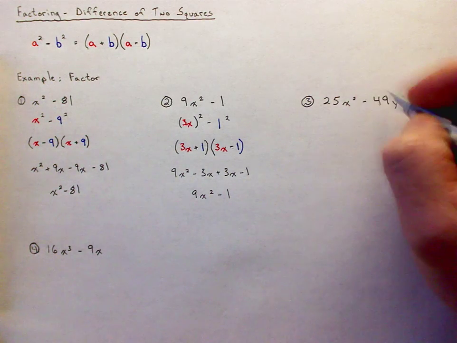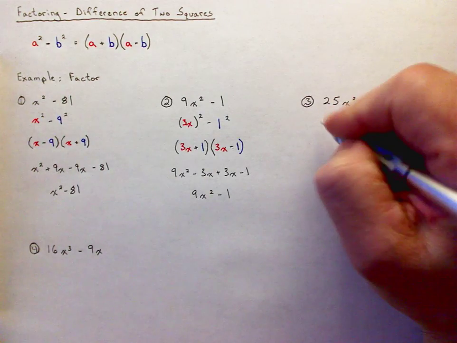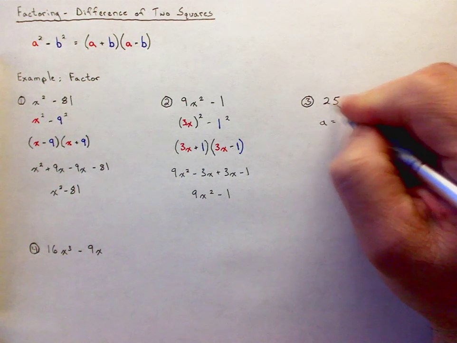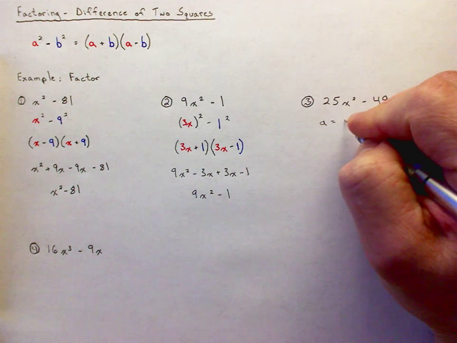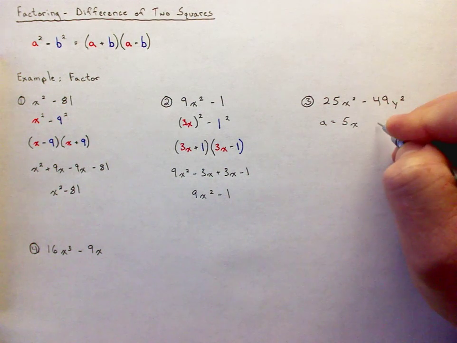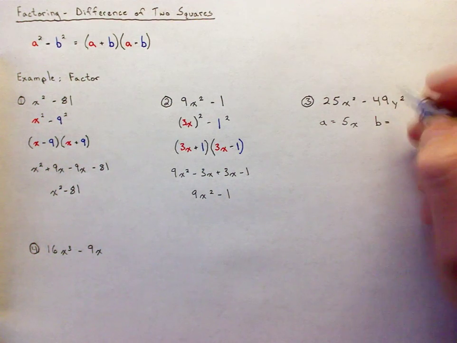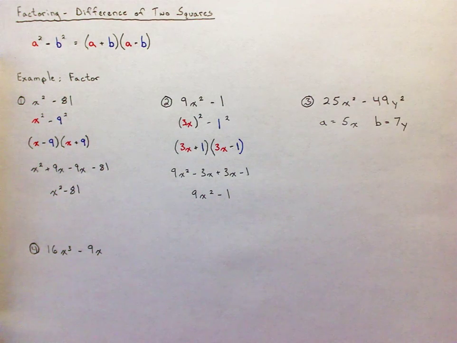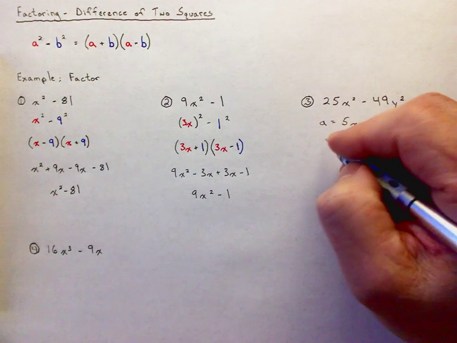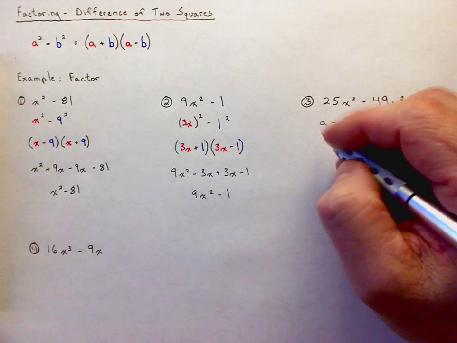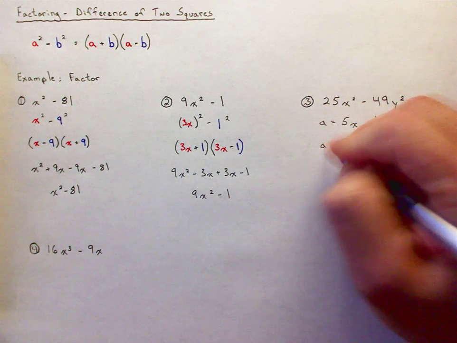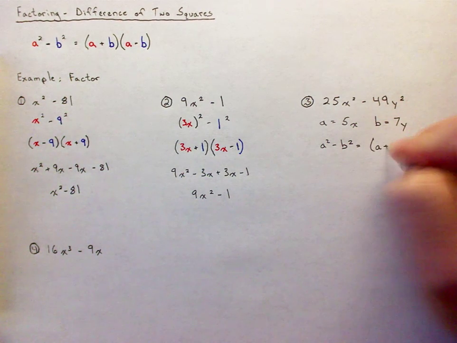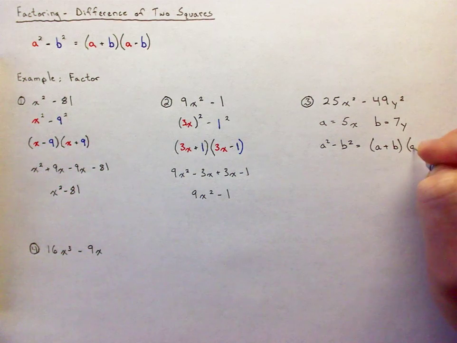Okay, so what I need is for this form here. So let's even just do it like this. A equals, well, 5 squared is 25, so 5x, and b equals, 7 squared is 49, so 7y. So what I know I have is my formula, a squared minus b squared, and what that equals is a plus b times a minus b.